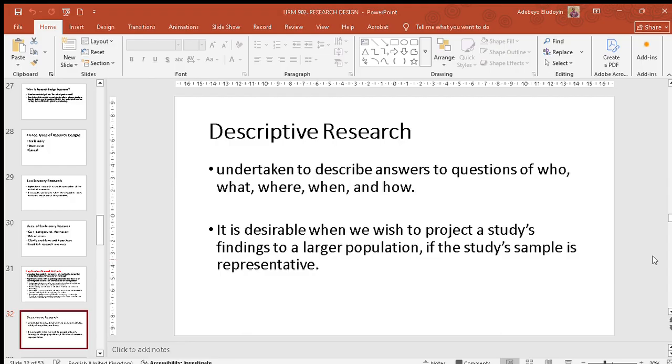And then when you use exploratory research, you do more of qualitative reportage rather than quantitative reportage when you are pulling your results out. So you do more of maybe content analysis and some other methods.